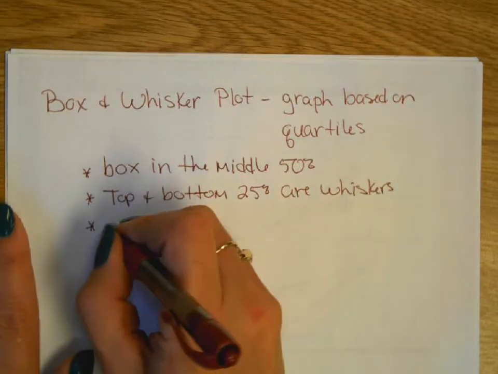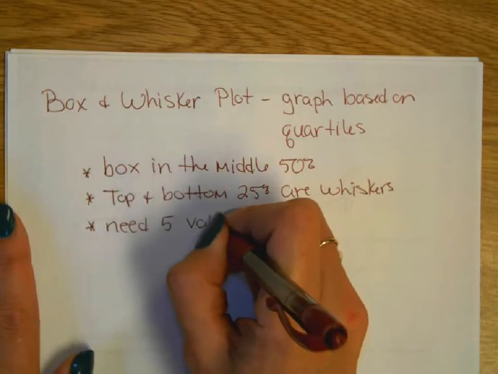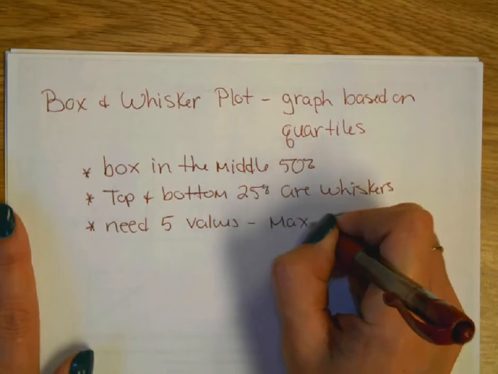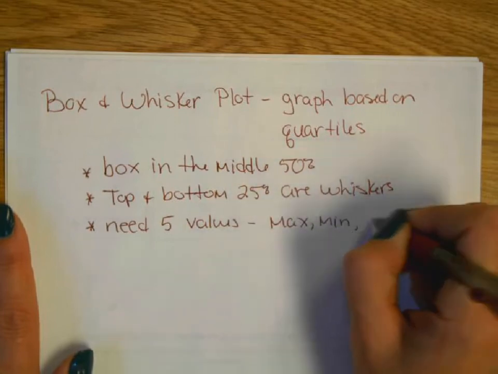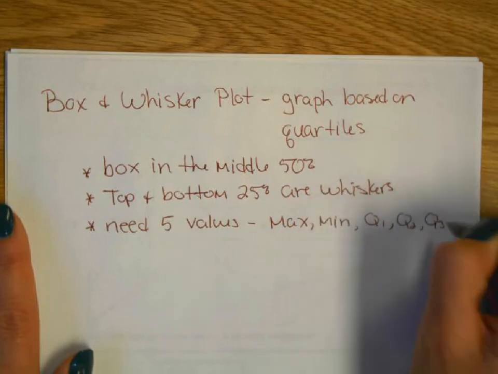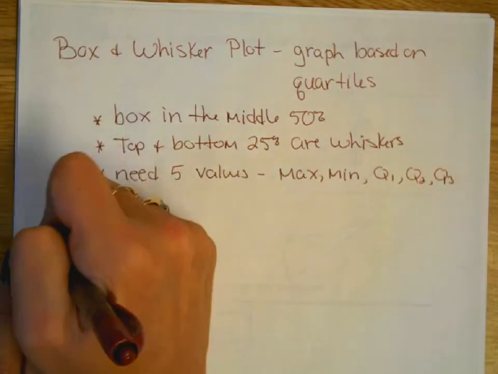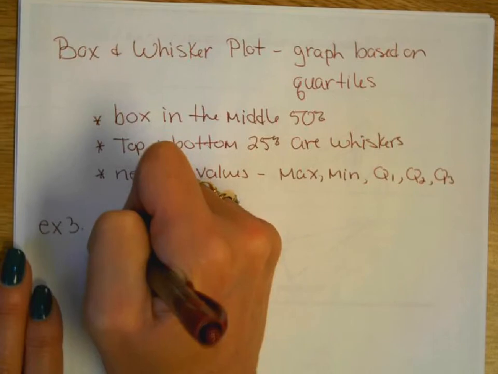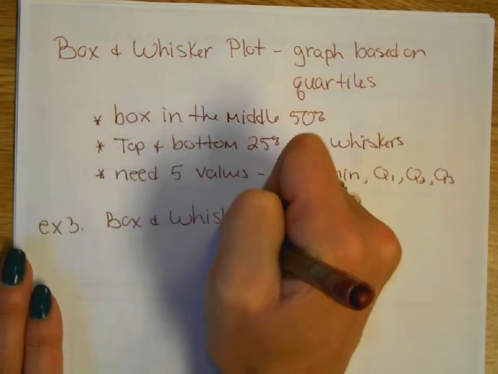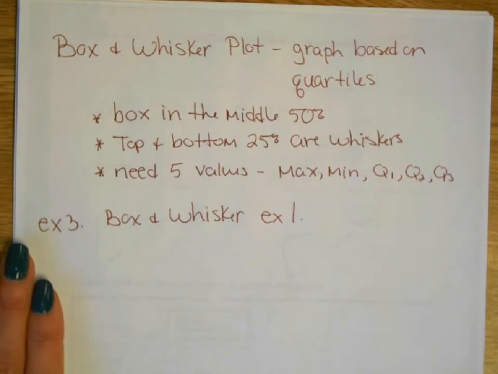So you need 5 values to make a box and whisker. You need your max and min, and the 3 quartiles. So if we make a box and whisker of example 1, if you remember, box and whiskers are made above a number line.